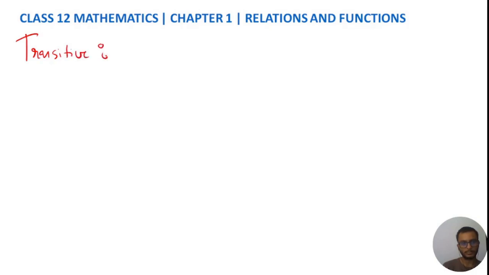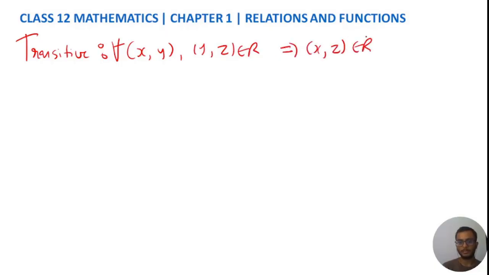For every (x, y) and (y, z) in R, you should have (x, z) in R. If you are able to find elements like this, that (x, y) is in R and (y, z) is in R, and you find that the corresponding (x, z) is in R, then the relation is called transitive, and this should hold for every element of this type. Okay, so let's see whether it holds here or not.